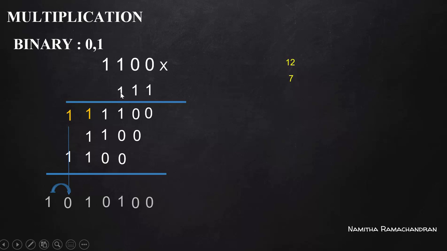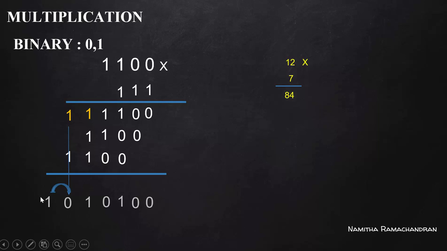This one is 4 plus 2 plus 1, that is 7. So 12 into 7 is actually 84.